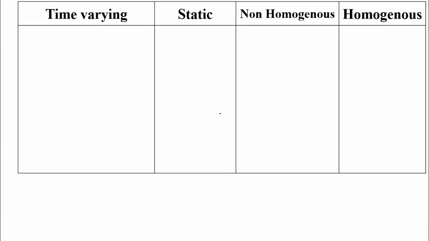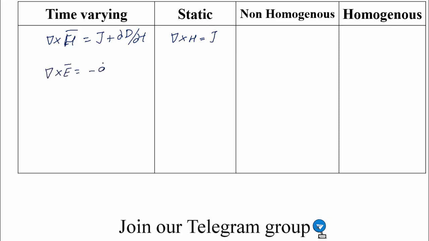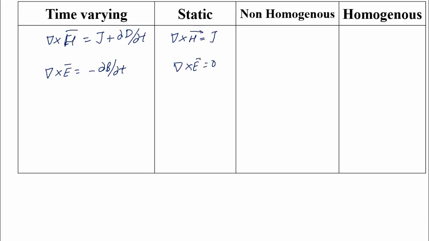Now, if I am talking about time varying fields, static fields, non-homogeneous and homogeneous media. In the case of time varying fields, we know Maxwell's equation, that is curl H equals J plus dou D divided by dou T. In the case of static, it is curl H equals J. The second form of Maxwell's equation is curl E equals minus dou B divided by dou T, and in the case of static, it is curl E equals 0.